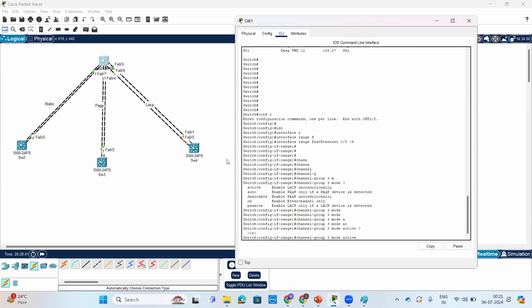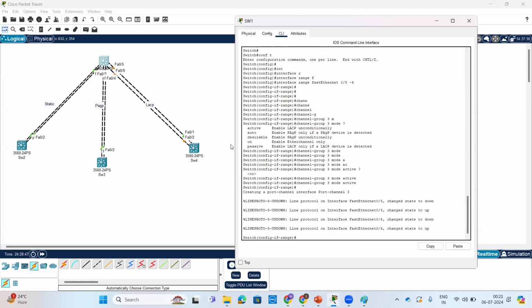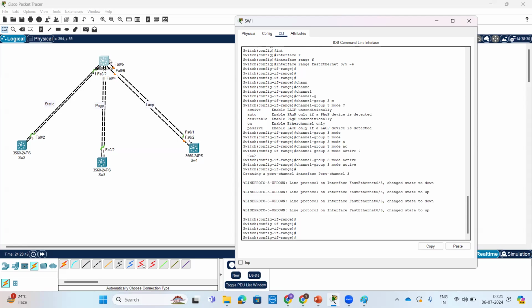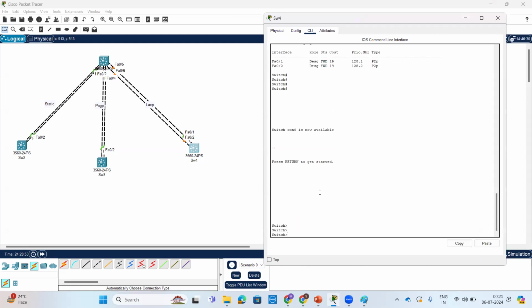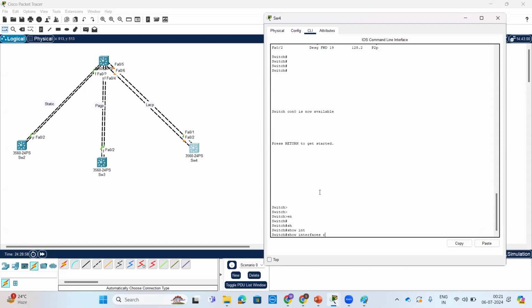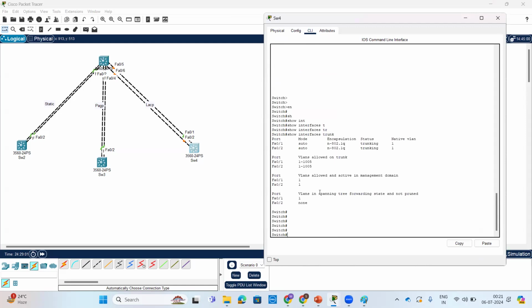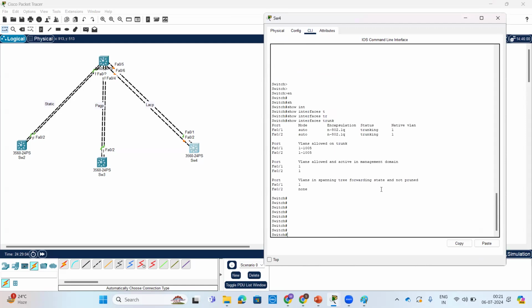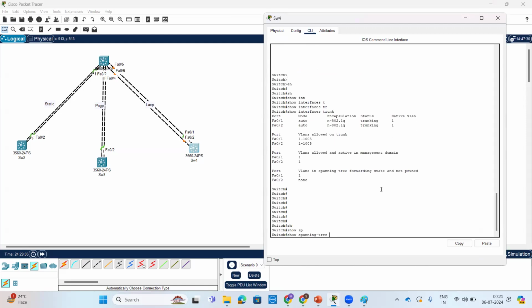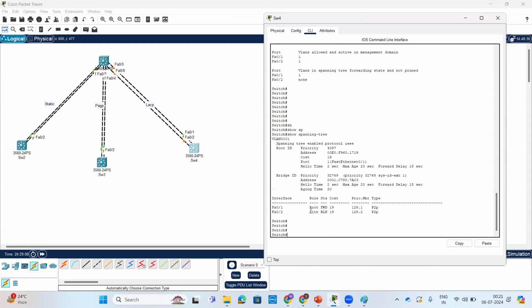If I use both active, then the same issue, it won't form. I'm using here active and here is the passive. So show spanning tree. One port is blocking and one port is forwarding. You can check here.